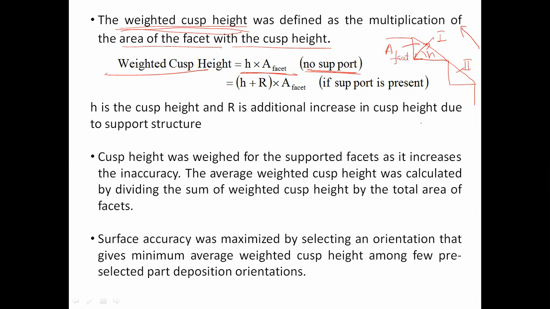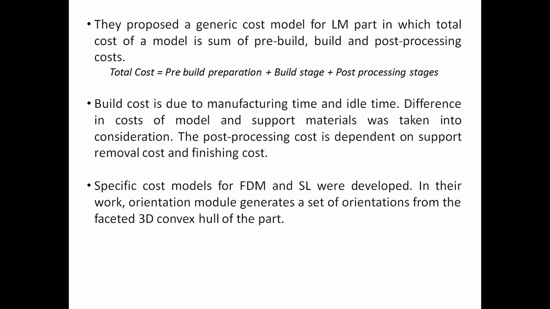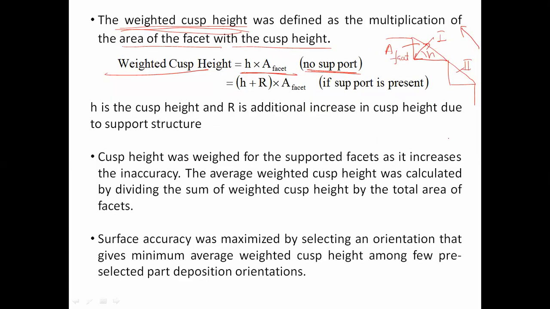Now, for a surface which is going to go down, this is the downward facing surface. The surface normal is pointing inwards here, and in this case the surface normal points outwards. For this type of surface where a support structure is required, the value of H changes to H plus R, where R is the additional increase in cusp height due to the support structure.